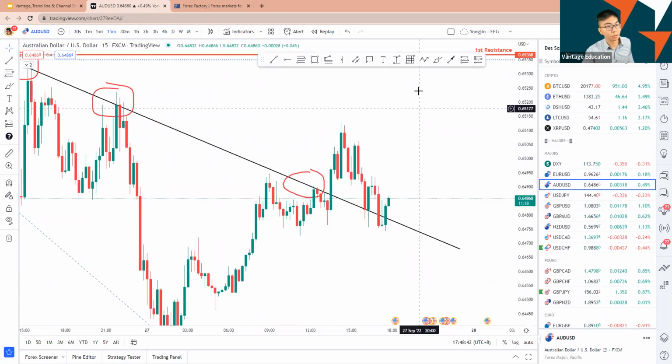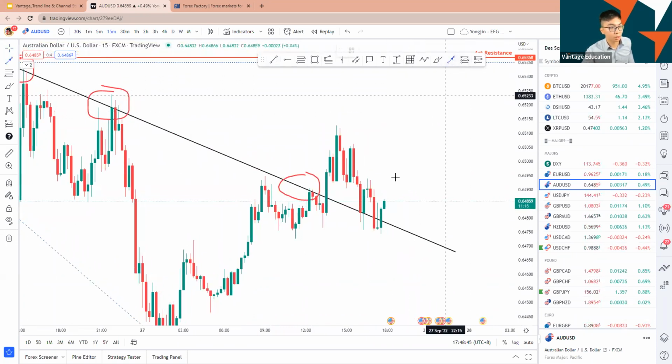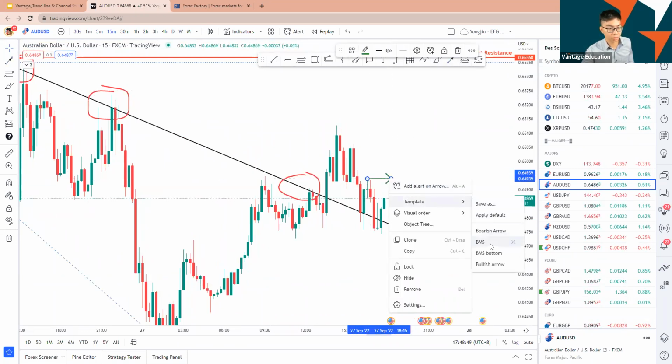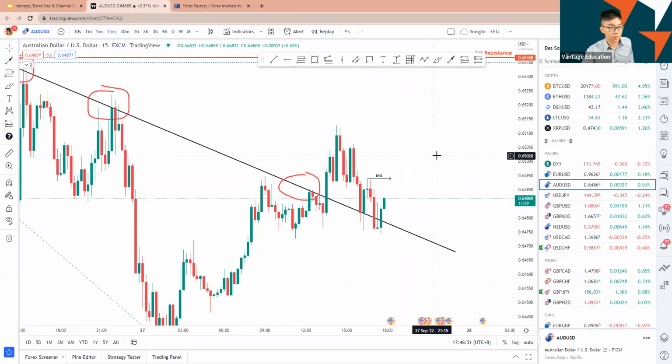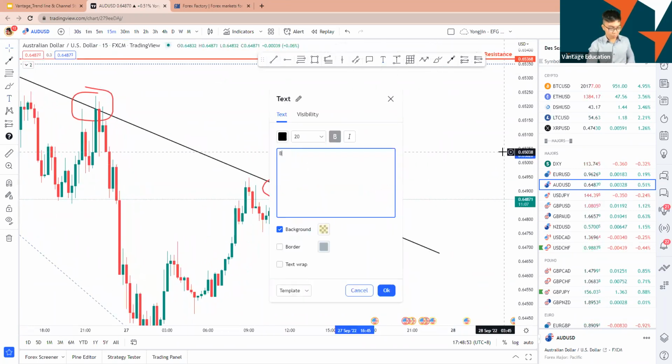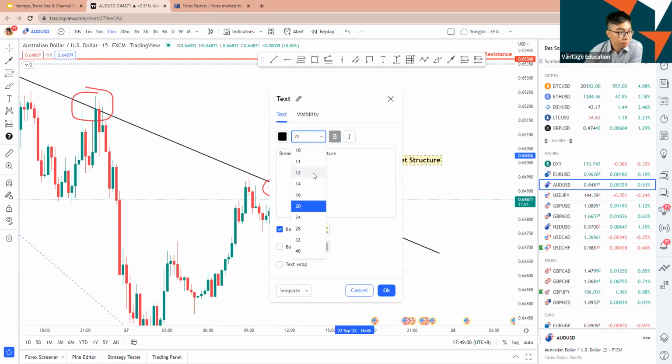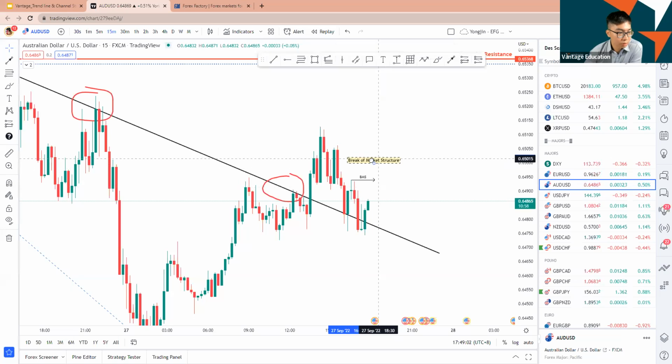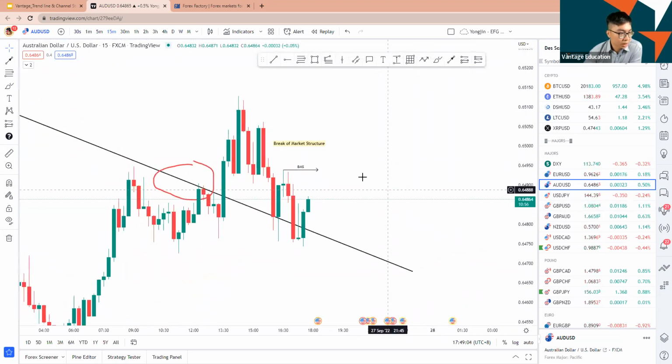Okay, personally, for my personal trading method, what I like to look out for on the M15 is for price to break of market structure. Break of market structure. This is actually part of smart money concepts. So I usually wait for break of market structure.